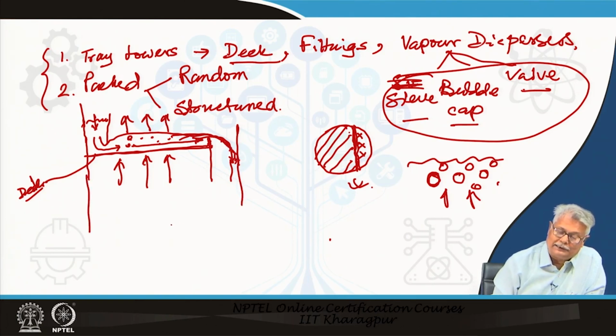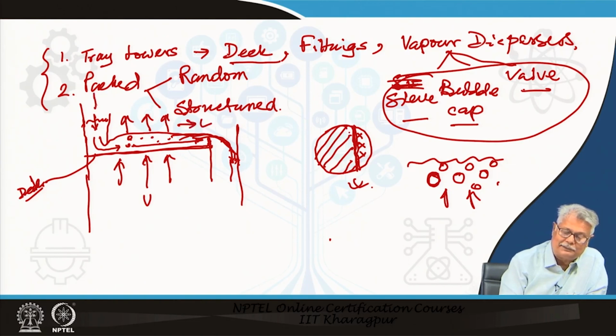Now, let us see, you have the vapor coming in here and you have the liquid which goes like this, and this liquid basically comes from the upper tray which is here. I will definitely be having another tray above this.